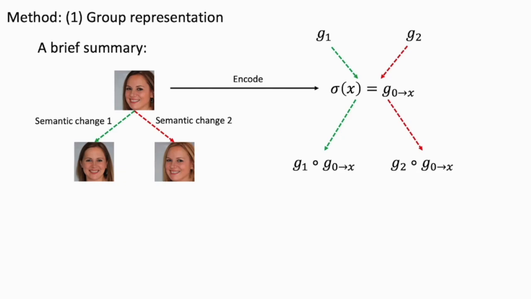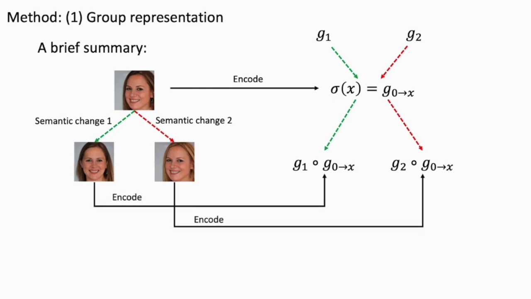As there is an equivariance between the data and the representation, the encoding of the varied input will be the transformed representation. It looks like the two semantic changes have been disentangled into G1 and G2, which looks cool.